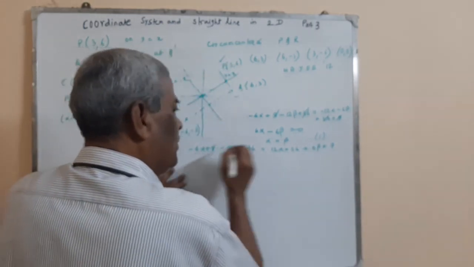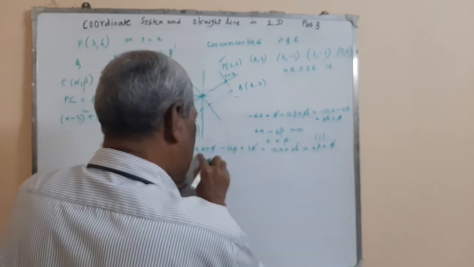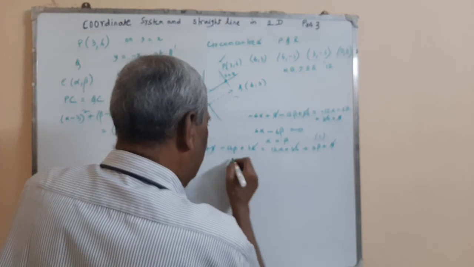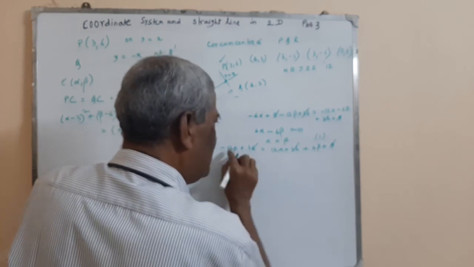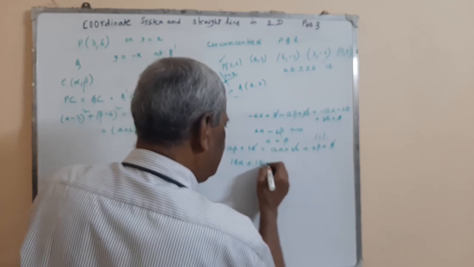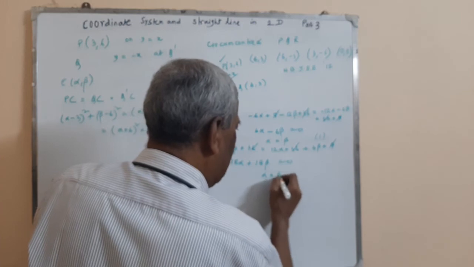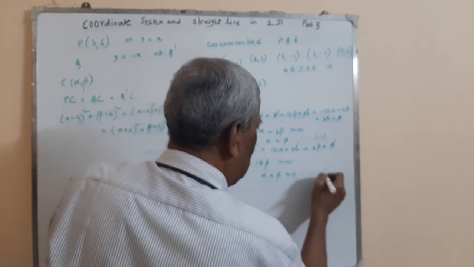So 9 cancels, 36 cancels, so that we must have 18 alpha plus 18 beta is equal to 0. So alpha plus beta is equal to 0, number 2.